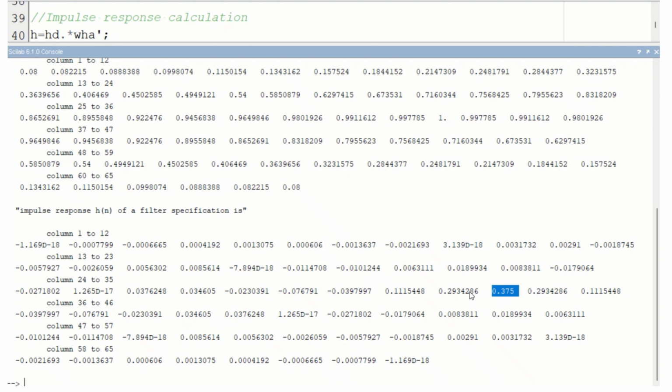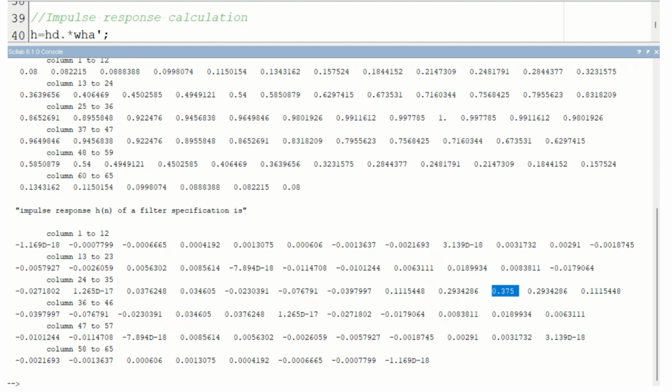So same values are available here also. Similarly, this value as well as this value must be same. Then the first value and the last value must be same. So like this, with respect to midpoint, if we perform folding operation, the values which overlap on each other must be same.